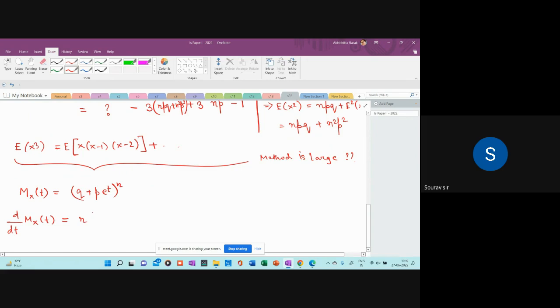That is going to give me n into (q plus p into e to the power t) whole to the power n minus 1, and it is going to give me 0 plus p into e to the power t.